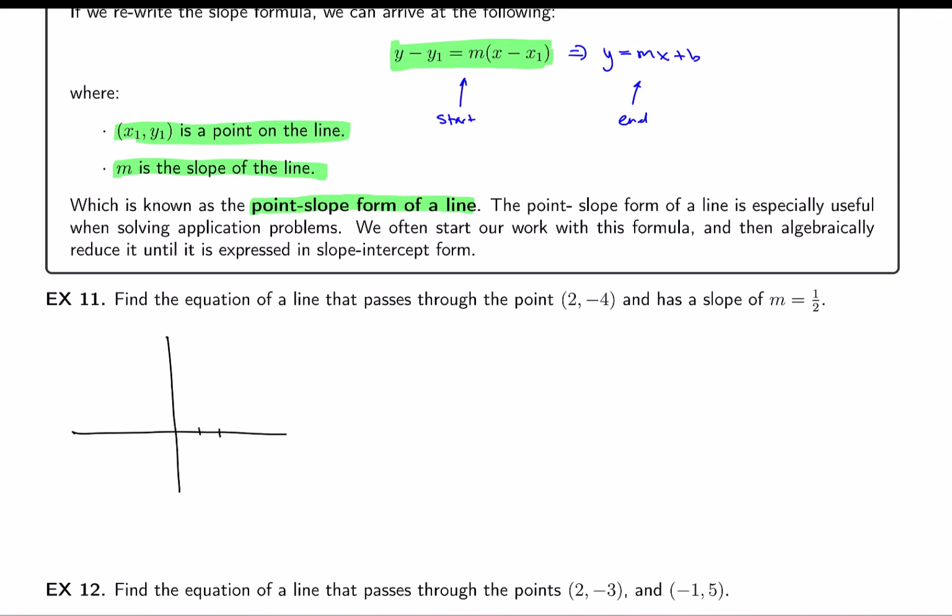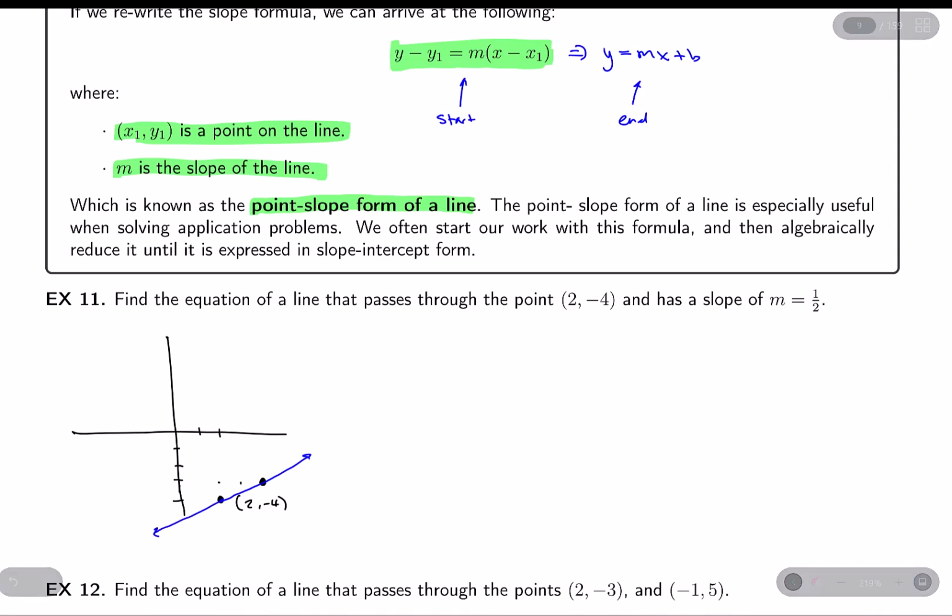So 2 on the x, 1, 2, 3, negative 4 on the y. So it's passing through this point, and it has a slope of 1/2. The slope of 1/2 means you would go up 1 and then over 2 to get to the next point. So my line kind of looks like this right here.